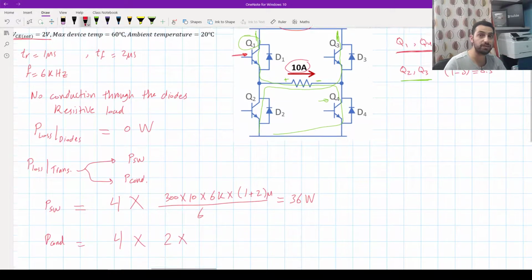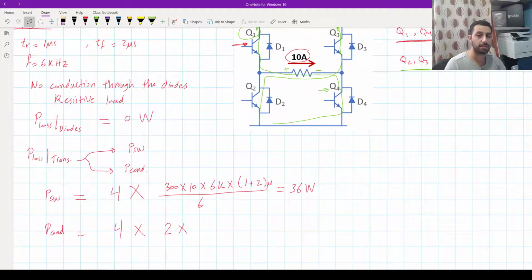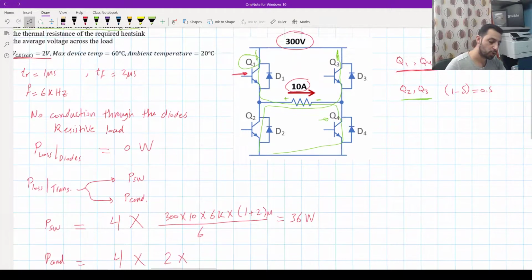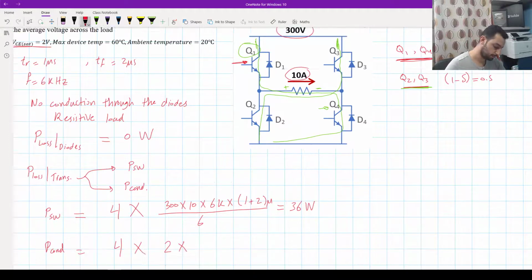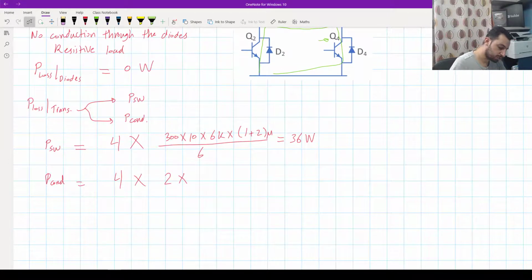But if we have different information, like for example 30% delta or duty cycle, that means for Q1 and Q4 the delta will be 30%, and Q2 and Q3 will be 70%. And you have to calculate each one differently. Okay, so now the conduction losses will be 2 volt times I average.